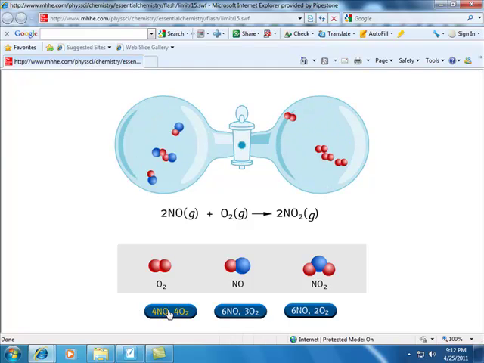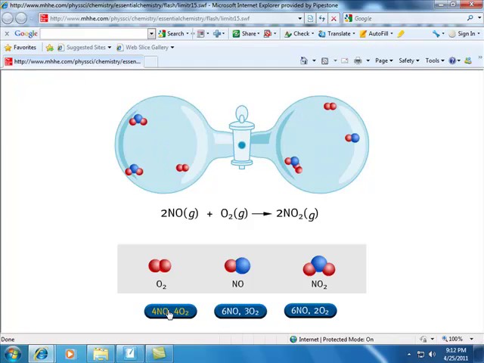Nitric oxide and oxygen gas are reacted in a 1-to-1 mole ratio. There are 4 molecules of NO in the left bulb and 4 molecules of O2 in the right bulb. The valve separating the bulbs is opened, allowing the gases to mix. The reaction occurring is 2NO plus O2 producing 2NO2. 4 molecules of NO are reacting with 4 molecules of O2.